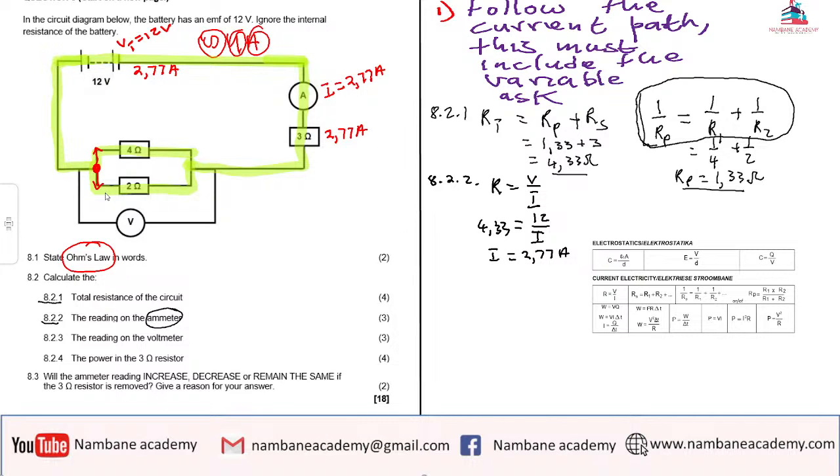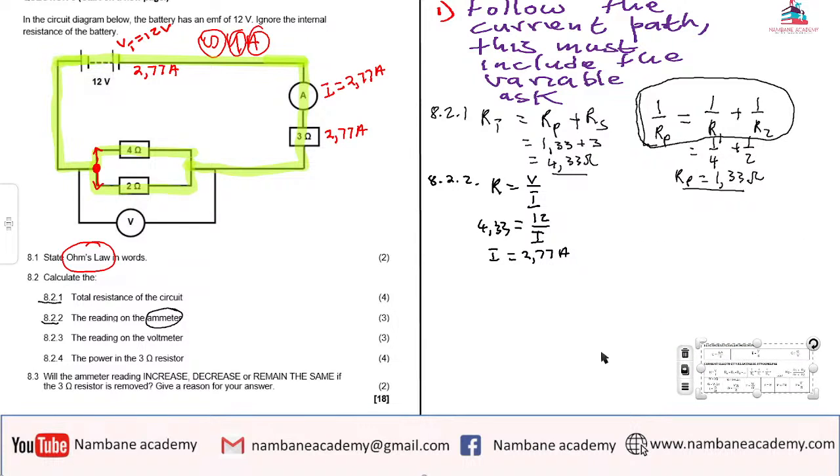So what can one do? Very easy. What one can do is just to say, fine, ladies and gentlemen, I am now at 823. The question says calculate the reading on the voltmeter. But let's check where the voltmeter is, ladies and gentlemen.